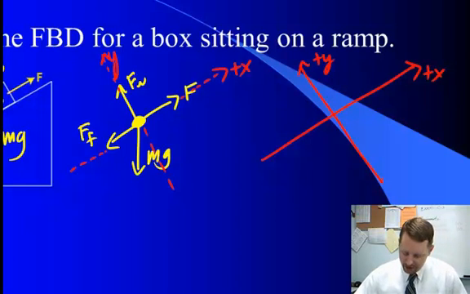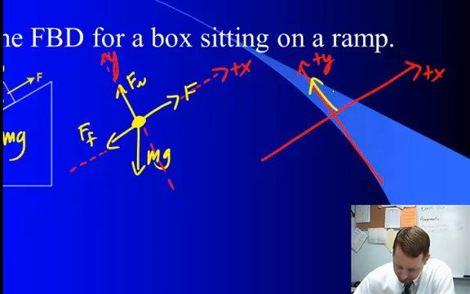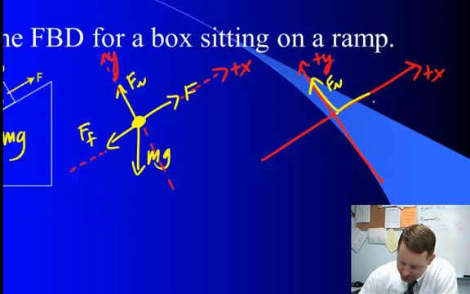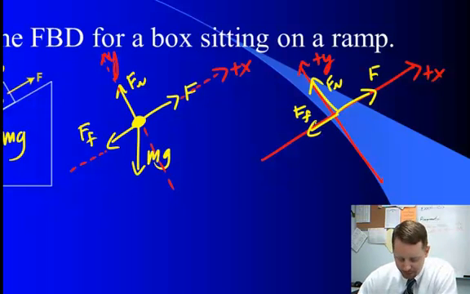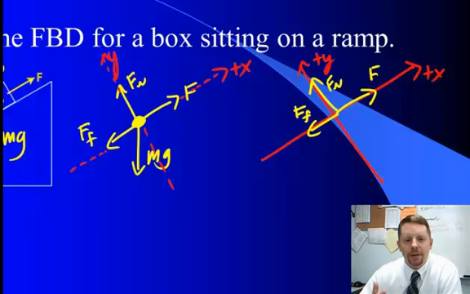Now, we still have the normal force. We still have F pulling it up the ramp. We still have the force of friction down the ramp, but that component of gravity, the force of gravity, we need to break up into components along the axes.